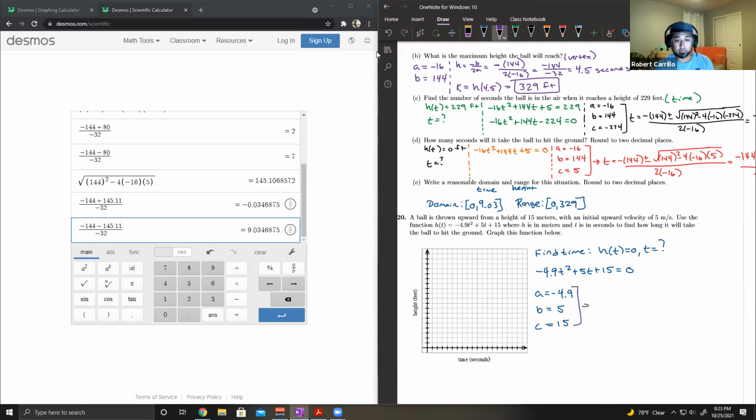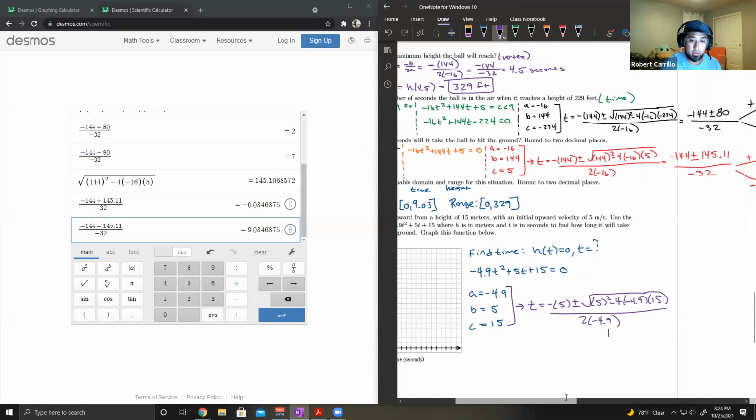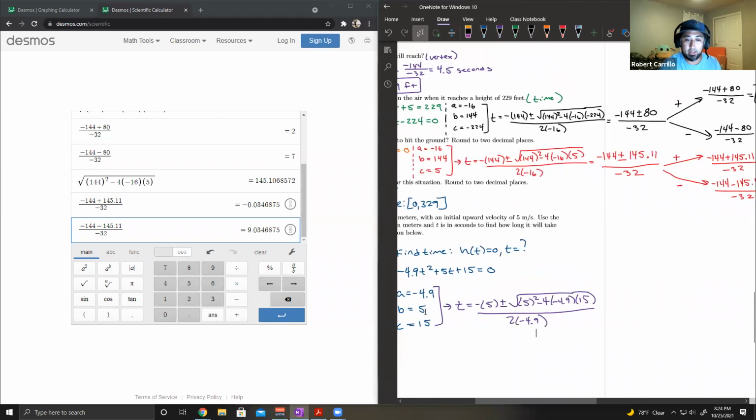Since it's in terms of t, t equals negative b plus or minus the square root of b squared minus 4 times a times c, all over 2 times a. Everything's plugged in.